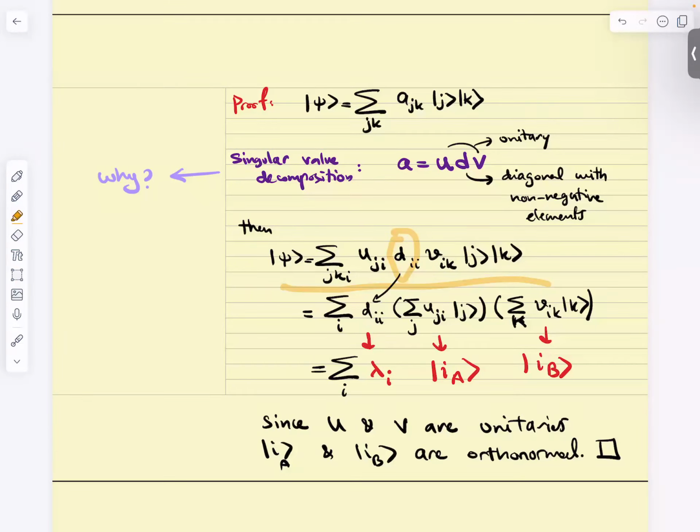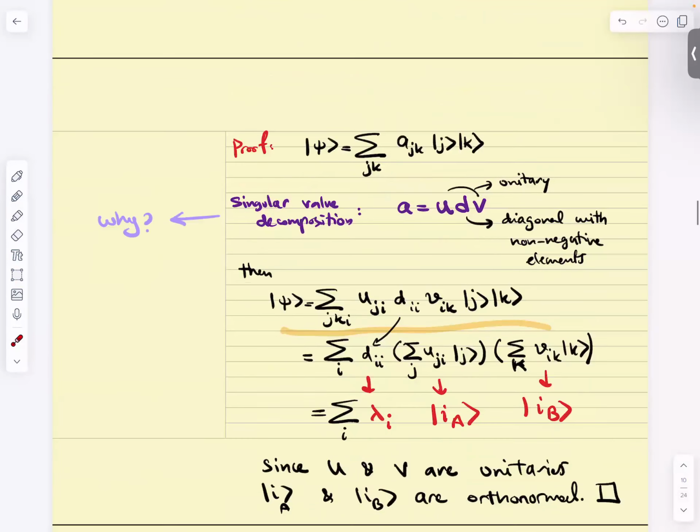Now, all that's left to do for you to prove the theorem is to just rearrange these. You take d_ii out, you write the sum of u_ji, sum of v_ik. You call these kets |i_B>, and you call these kets |i_A>. d_ii are your non-negative Schmidt values, or what do we call them?